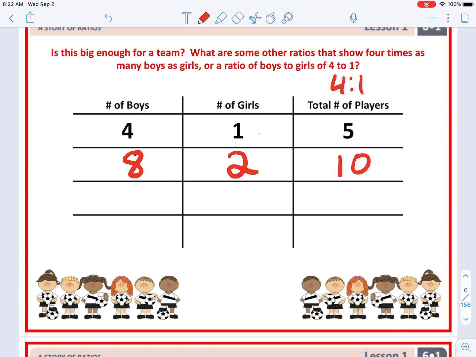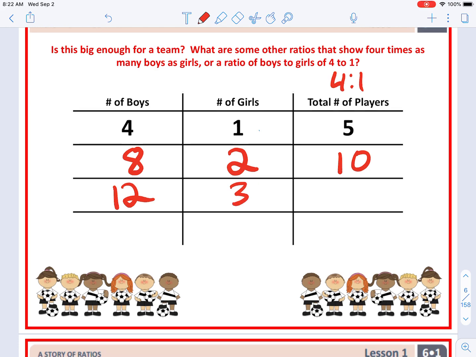Okay, now let's count up by 4 again for the number of boys. If we have 12 boys, we have to have 3 girls. And the total number of players is 15. And if we have 16 boys, we need 4 girls, and the total number is 20.